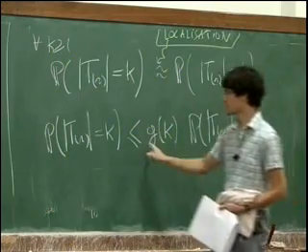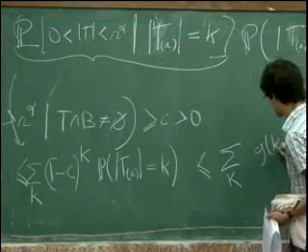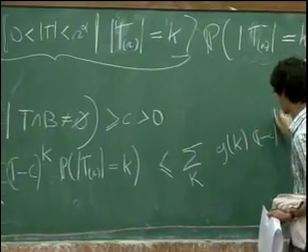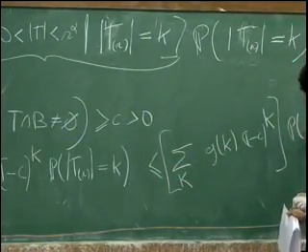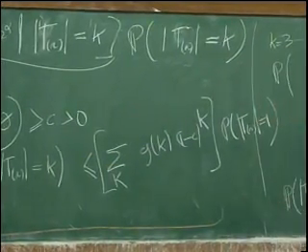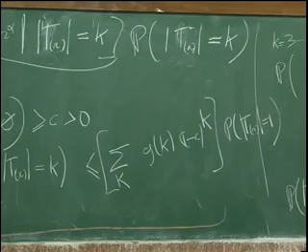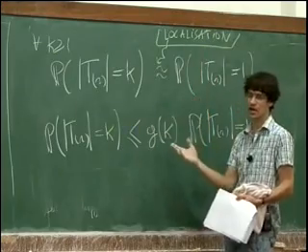And if you have such an upper bound, then this sum here will be less than the sum over the k of g_k times 1 minus c to the k times the probability to touch exactly 1. So of course, I'm saying that when k is large, you lose more and more because of the entropy. You're less and less localized.